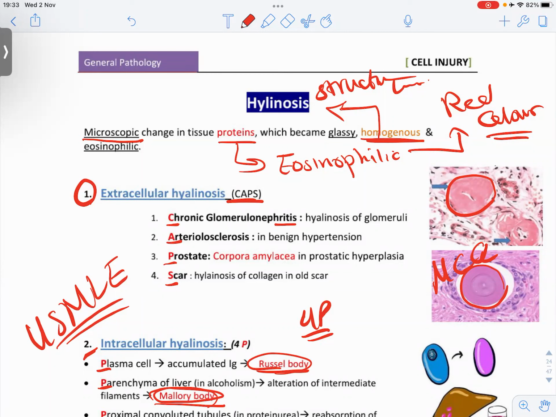The third example is prostate. And we know that the commonest disease in the prostate is prostatic hyperplasia. We talked about that before, that prostatic hyperplasia mostly occurs in old age males.